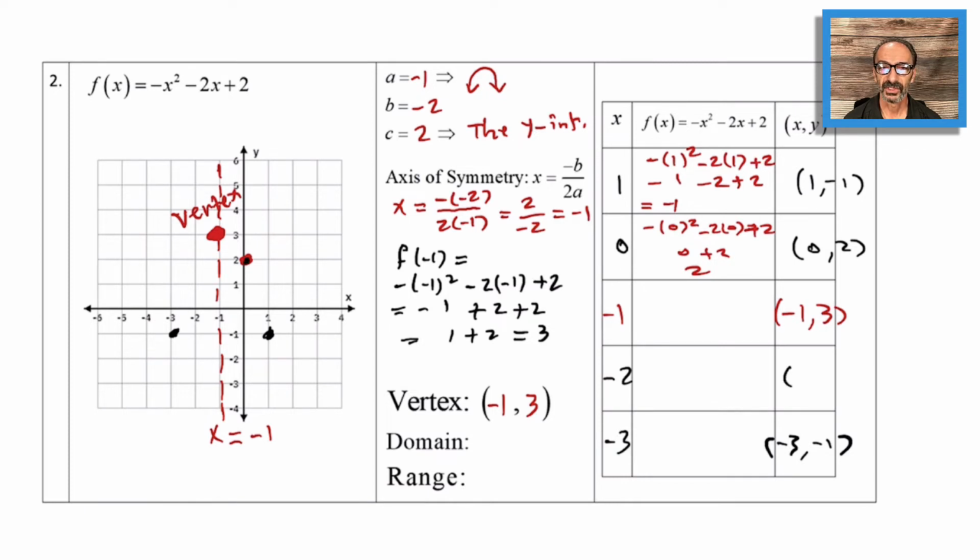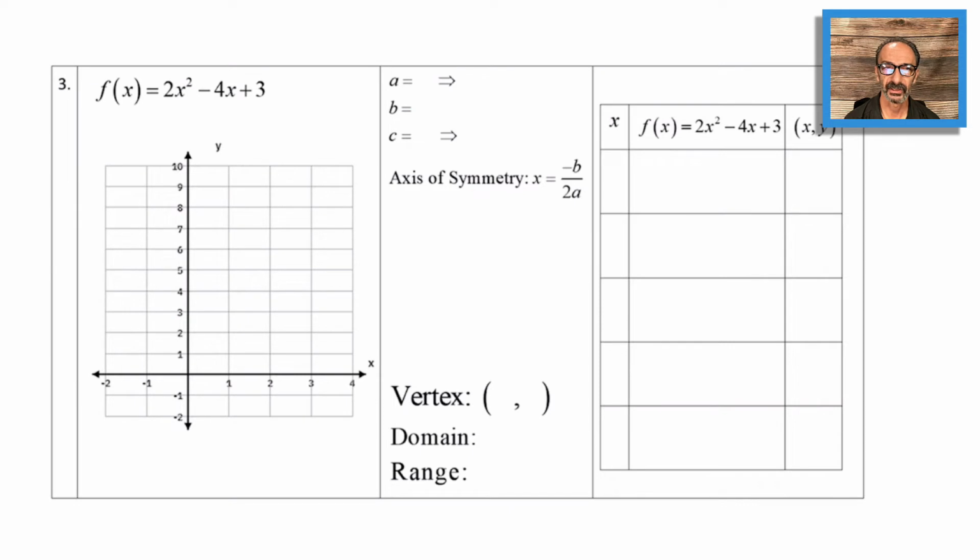At negative 2, it's going to be also level at 2 because of symmetry. And now we are ready to graph it. Opens down, goes through the vertex with symmetry.